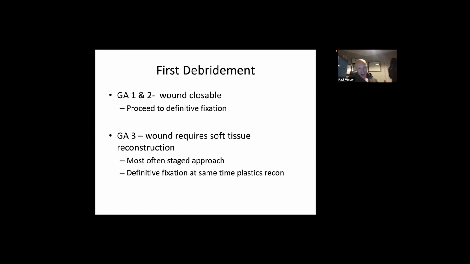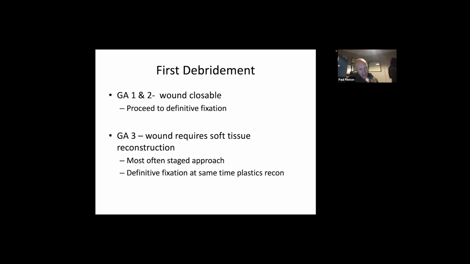In that scenario, in that first operation, if the wound can be closed with simple sutures, then it will be safe for us to proceed to definitively fix the fracture at the same time. So that could all be done in one operation. Normally what we'd do, if that was the case, is re-prepare the limb, start with clean instruments, go on to fix the fracture and close the wound, and then that's everything done in one operation.